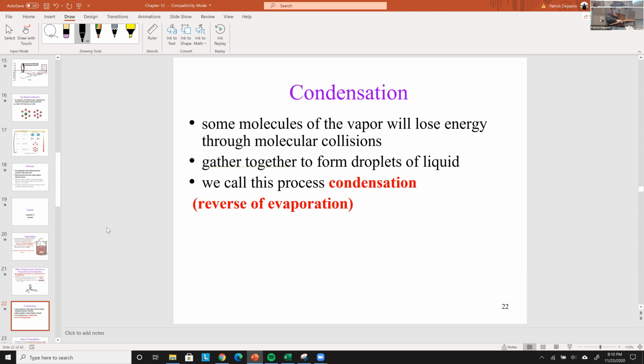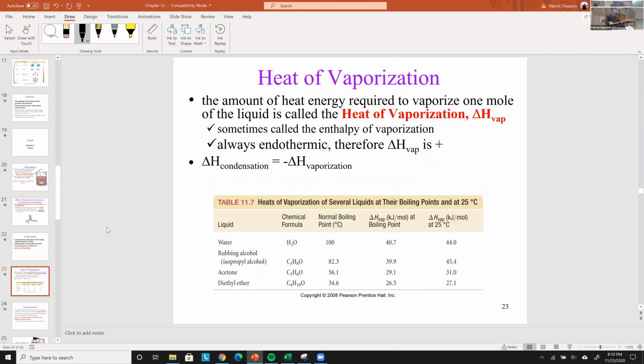So we have the heat of vaporization. The heat of vaporization is the energy required to vaporize 1 mole of the liquid, and it depends on the intermolecular forces again. The heat of vaporization is always going to be positive, always endothermic.